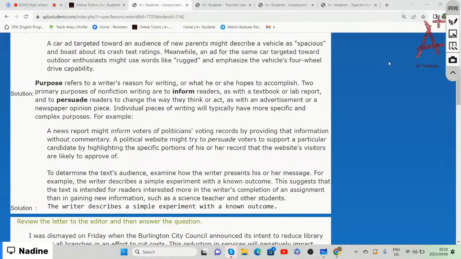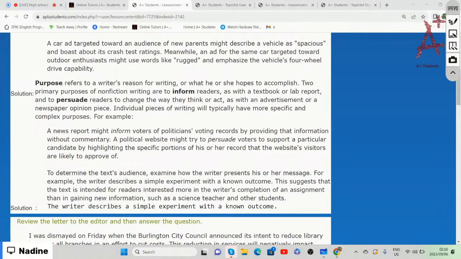So it's more persuading voters to vote, right? They would highlight specific things about the specific politician that would make you want to vote, that would make you want to, for example, be part of this political rally. So basically, the purpose has two primary purposes when it comes to nonfiction writing.